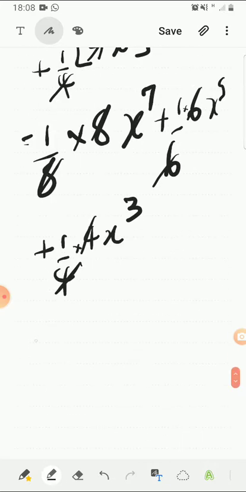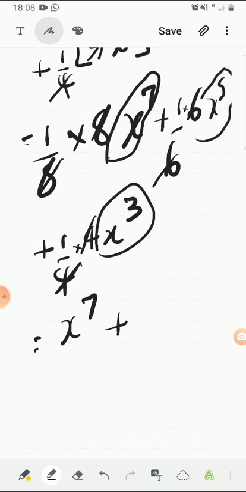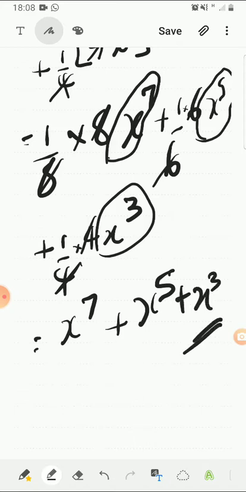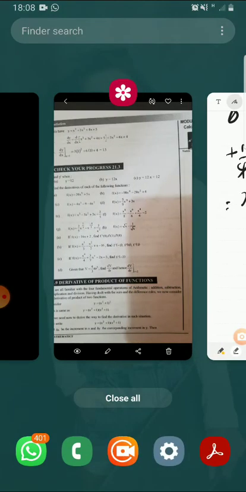What you have left is just x raised to the power of 7, plus x raised to the power of 5, plus x raised to the power of 3. That is your answer for your derivative.